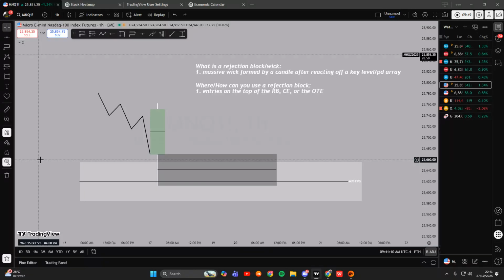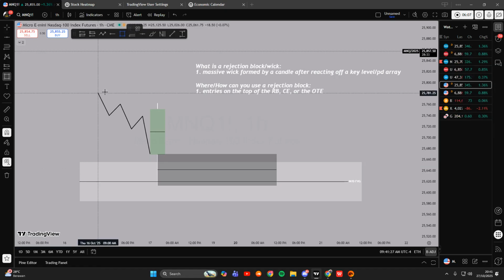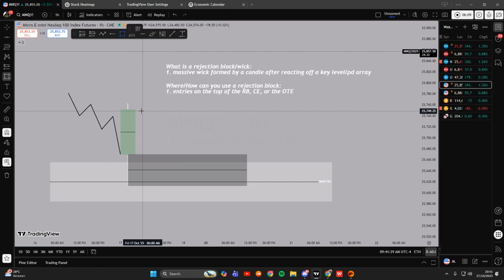Sometimes even A plus rejection blocks get run. So what you want to keep in mind is high time frame narrative and time. You don't want to be trading price only, you want to trade price plus time. Okay, enough yapping.